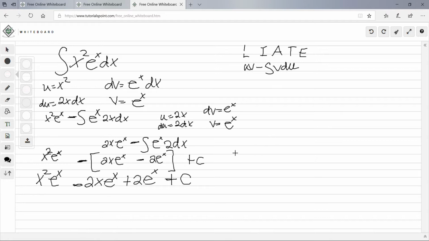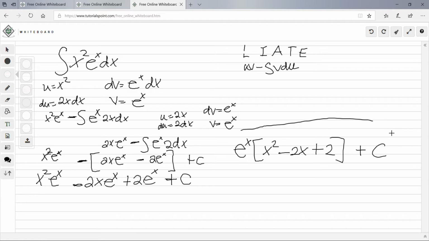So I'm going to factor e to the x, and then I'm going to use brackets. That would be x squared minus 2x plus 2, brackets, and then don't forget the plus c. And this should be your final answer. Yeah, so for this one we had to integrate by parts twice.